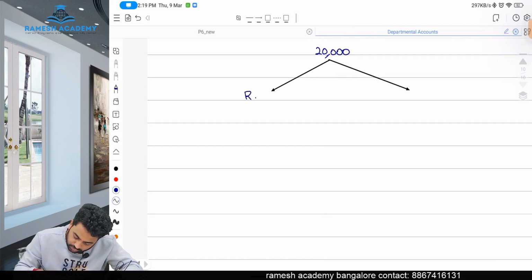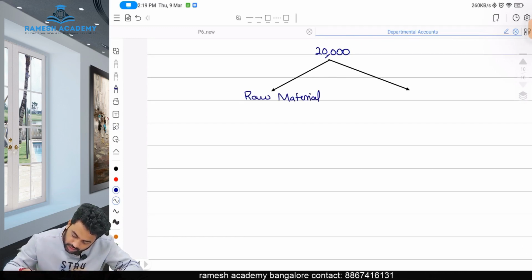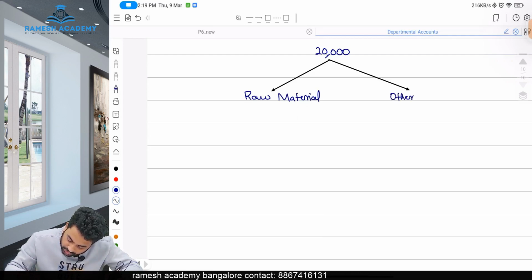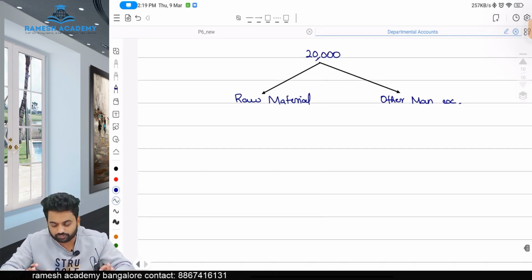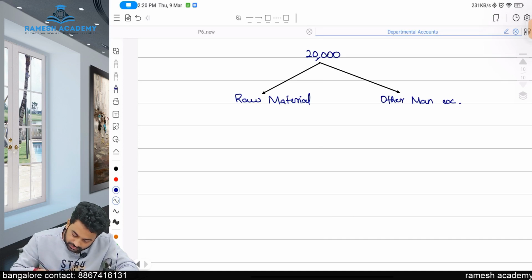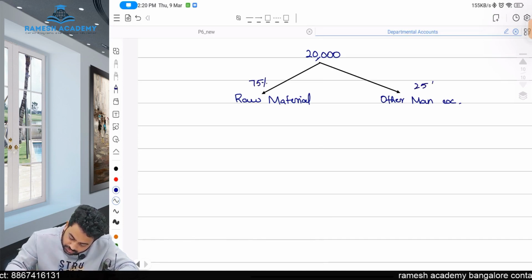Out of the total, one is raw material. The other one is other manufacturing expense. So out of the total available closing stock, you can allocate 75% towards raw material and 25% towards manufacturing.